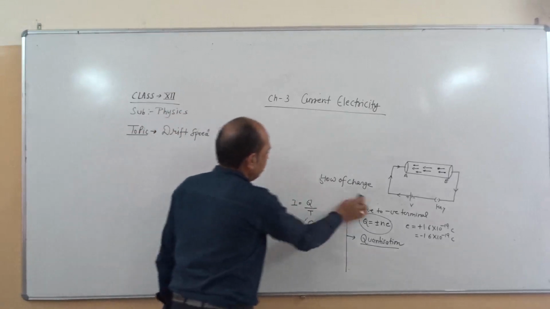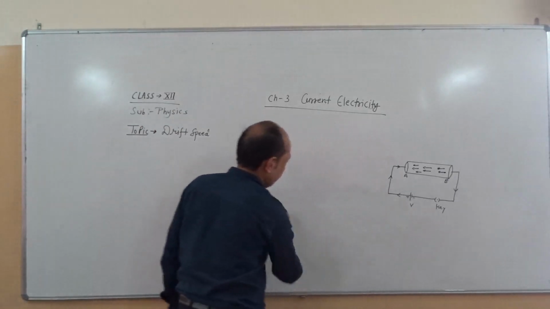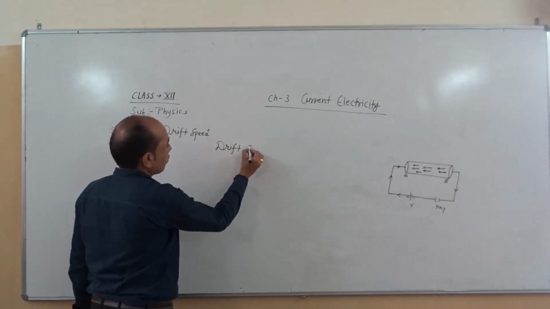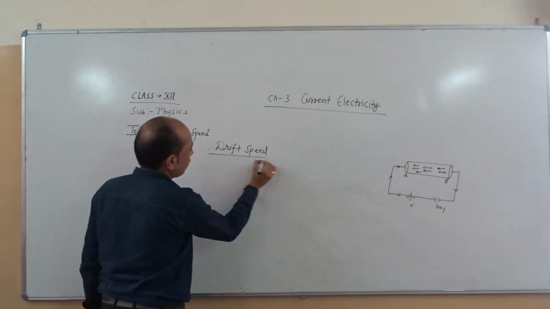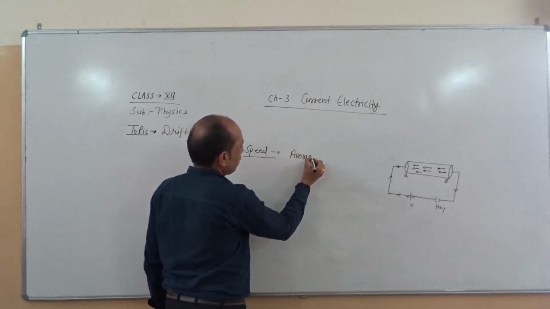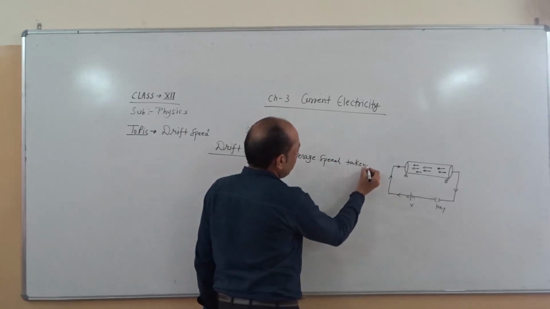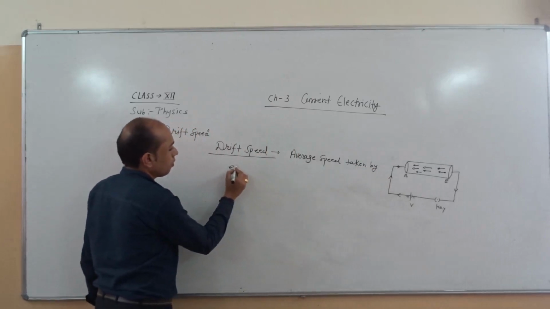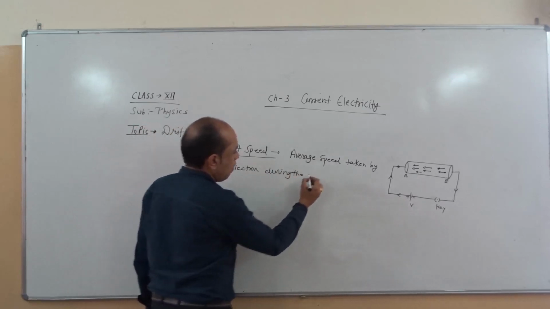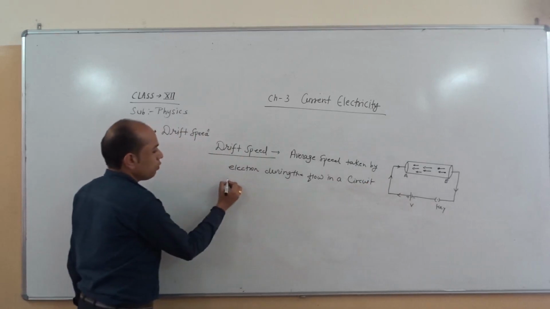Next we come to drift speed. Drift speed means average velocity or average speed taken by the electron during the flow in a circuit under the influence of electric field.